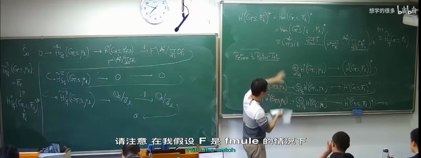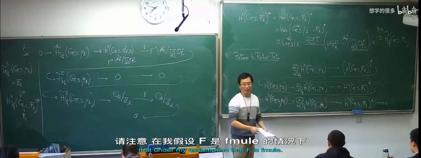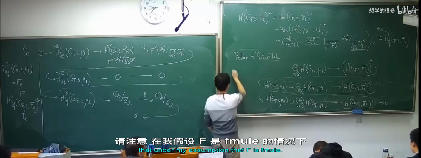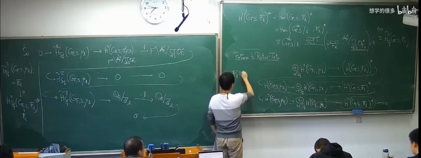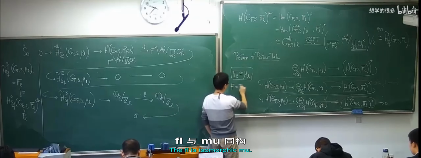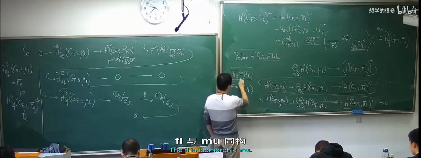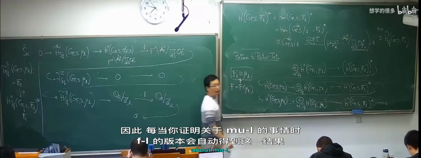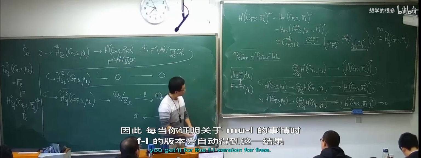With the catch that, under my assumption that F contains mu L, the FL is isomorphic to mu L. So whenever you prove something about mu L, you get it for the FL version for free.